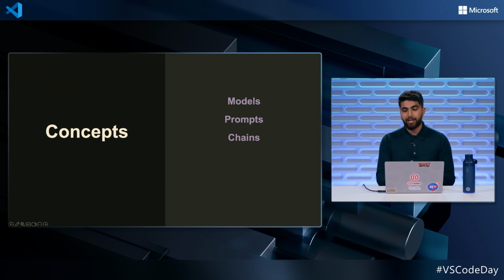And then we have indexes. Indexes allow us to extract relevant information for our LLMs. Finally, we have agents, which I won't be touching too much on, but it basically allows the large language models to use external APIs to perform a task. Now, let's look at these components in action.